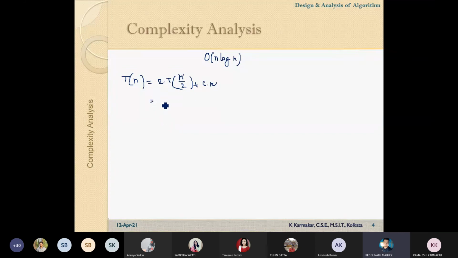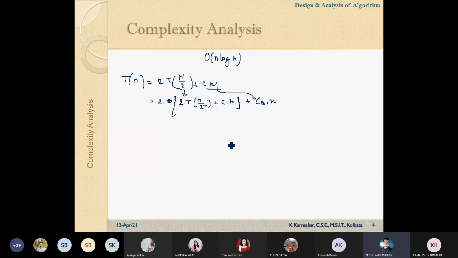So 2 into T(n/2) will be replaced by the same function, 2 T(n/2 square) plus, if the constant is the same, c into n. So this one is being replaced by this.